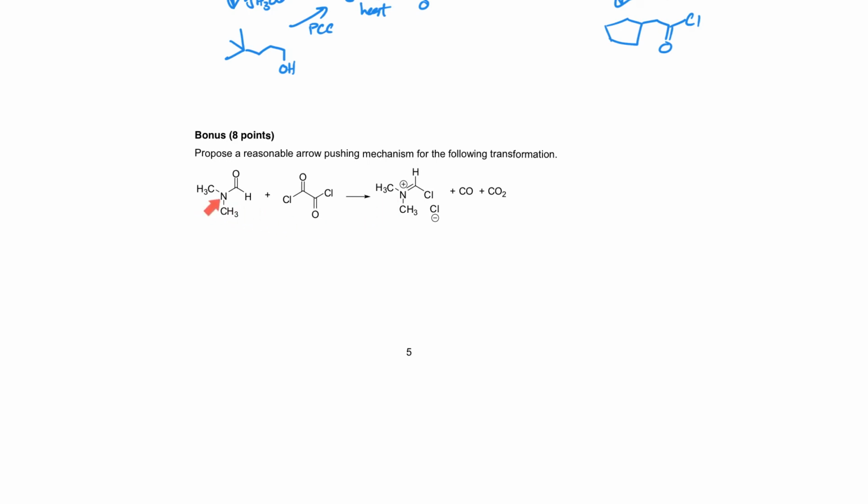That's obviously this N, and this carbon is probably still here. It still has the H attached to it, except that I've lost the oxygen, and I've installed a chlorine here. So how can this react? Well, this is a good electrophile, oxalyl chloride, and an amide is decently nucleophilic at the carbonyl carbon because of this resonance.